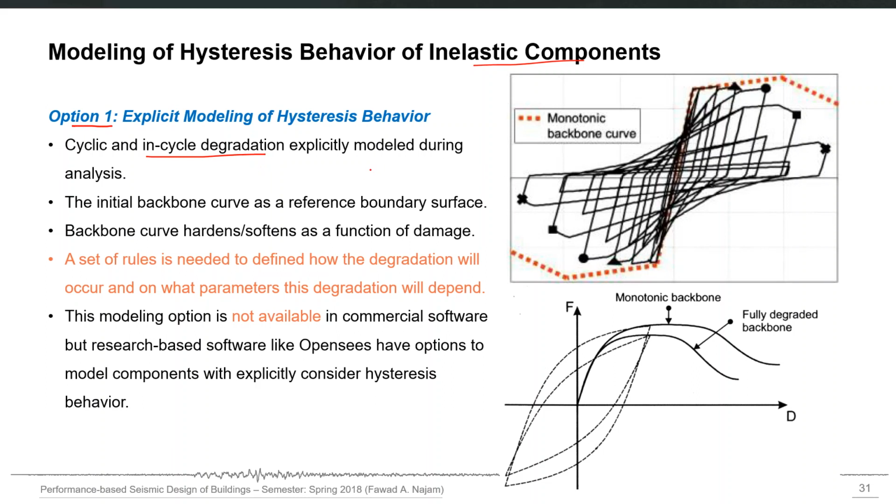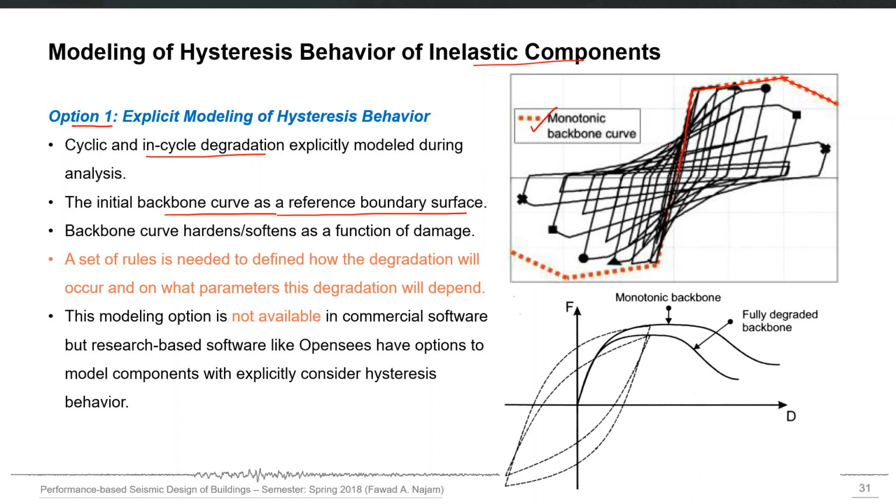How? You use an initial backbone curve as a reference boundary surface. So you provide an initial monotonic backbone curve, which is shown here with the dotted line, this one. And then the backbone curve hardens or softens as a function of damage.